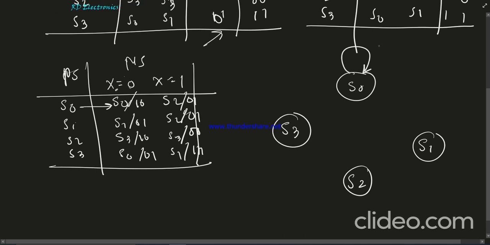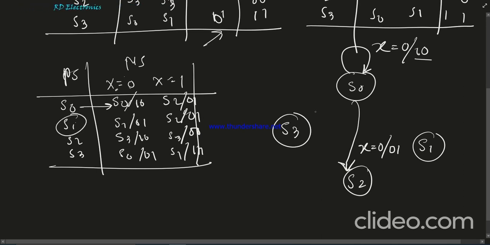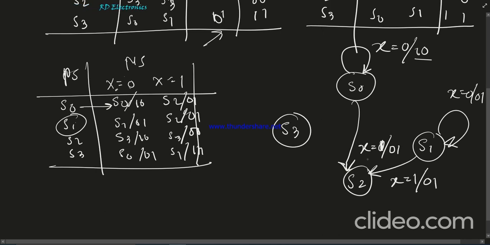So here this is a loop, and here we note x equal to 0, and the output is 1 0. And now when x equal to 1, this transition goes from here to here. This is for x equal to 0, and the output is 0 1. And from s1 there is also a loop for x equal to 0, and the output is 0 1. And when this is 1, this is the transition for x equal to 1, and the output is 0 1.